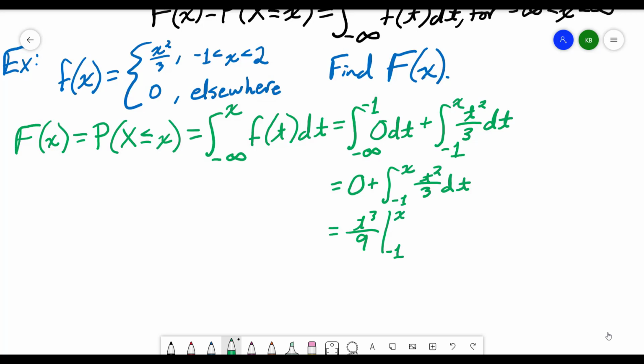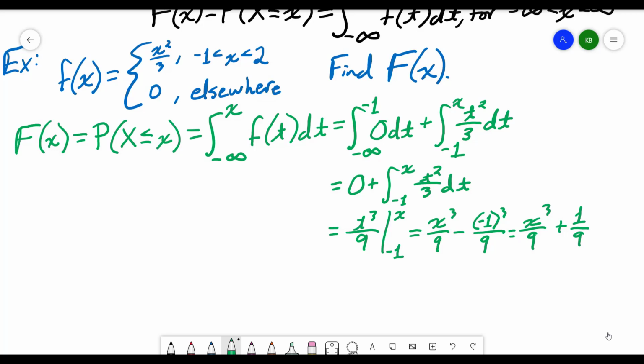So when I evaluate this, I get x cubed over 9 minus -1 cubed over 9. Now, I can't simplify anything about x cubed over 9, so I'll leave it the same. And I have -1 cubed is -1, so minus -1 is going to be plus 1 over 9.